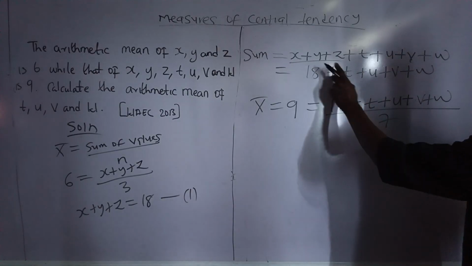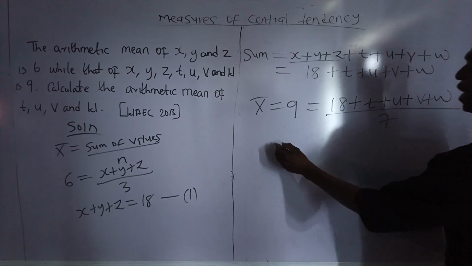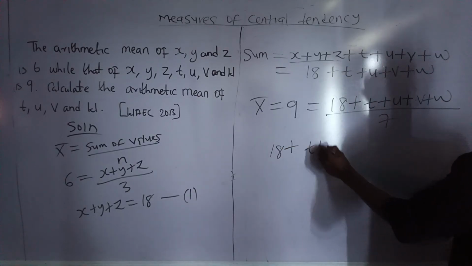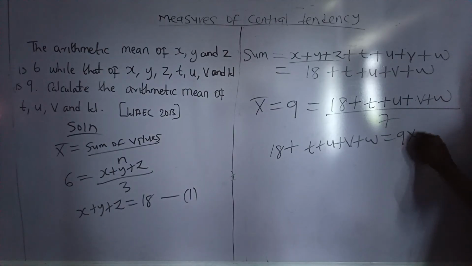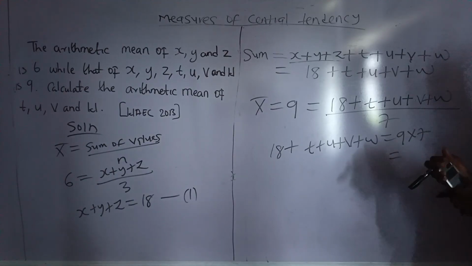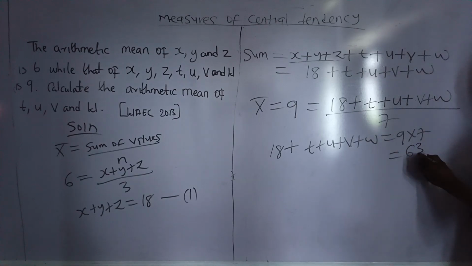Why 7? We have 7 data: 1, 2, 3, 4, 5, 6, 7. So we have 18 plus t plus u plus v plus w equal to 9 times 7, which is equal to 63.